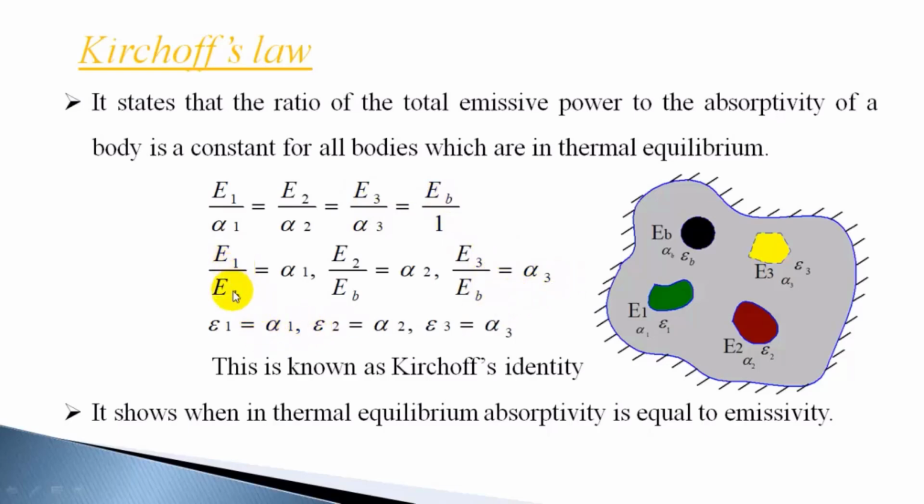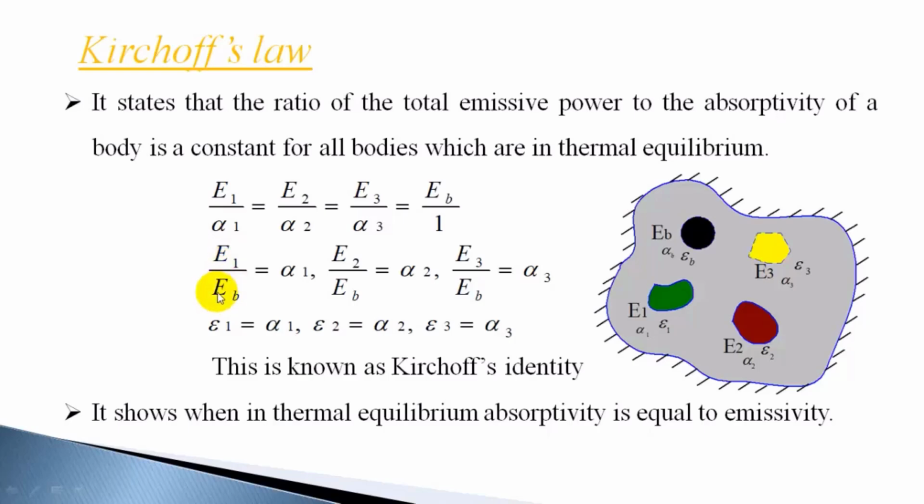Now we know E1 by EB, the term is familiar for us. E1 is the emissive power of surface 1 to the emissive power of a black surface. Since all are in thermal equilibrium, they are at the same temperature. So you are comparing the emissive power of surface 1 to the emissive power of a black surface at the same temperature.